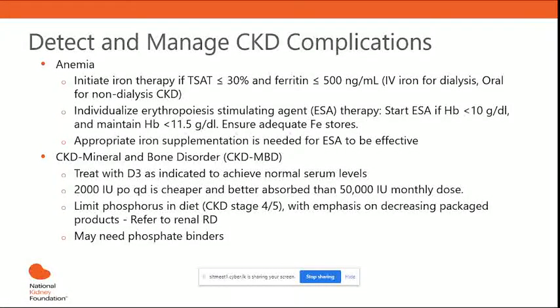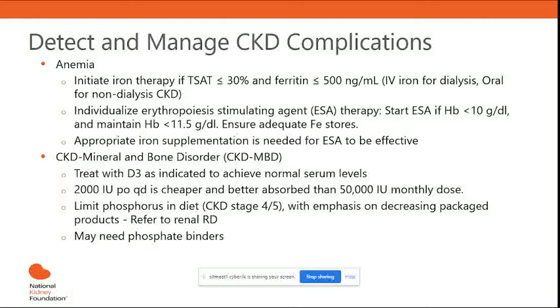One of the most common complications is anemia, and the major contributors to anemia are iron deficiency and erythropoietin deficiency. We check for iron deficiency by doing transferrin saturation and serum ferritin. When the transferrin saturation is less than 30% and the ferritin is less than 500, we give intravenous or oral iron.